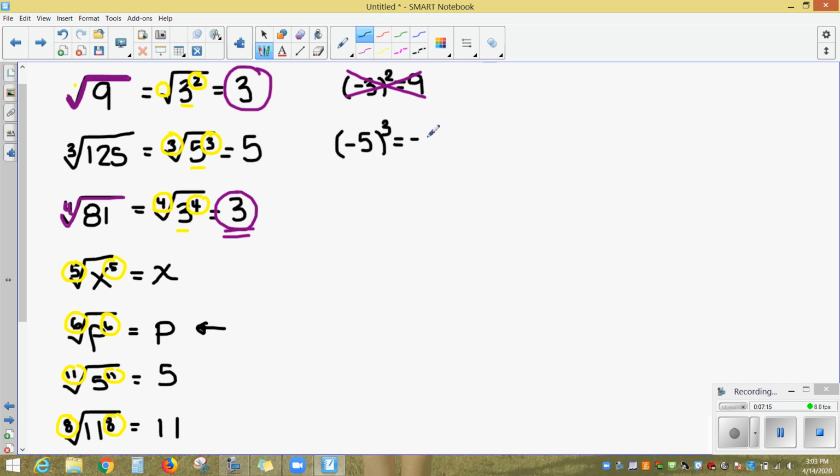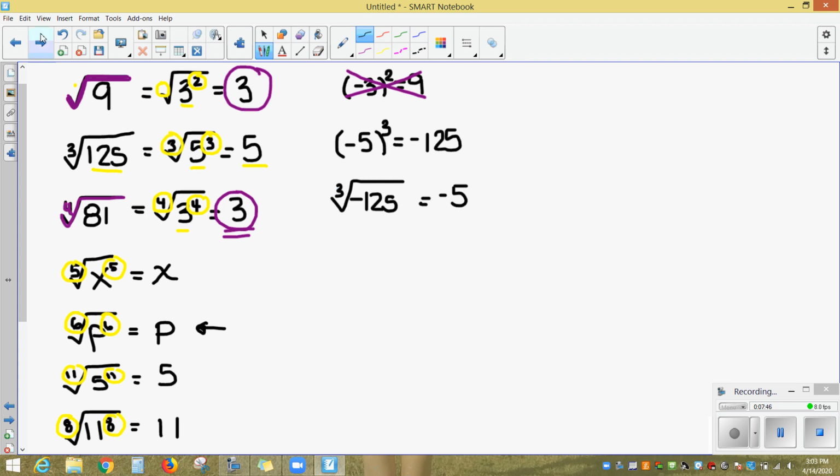If I cube negative 5 instead of positive 5, I get negative 125. Which means there is no positive case, there is no negative case here. This is the only case. The only cube root of 125 is positive 5. If I asked you for the cube root of negative 125, then I would say, well, that's equal to negative 5.